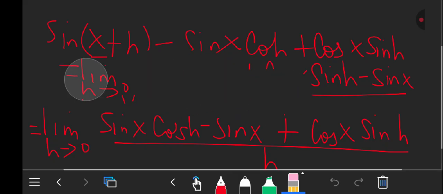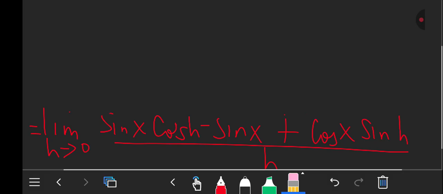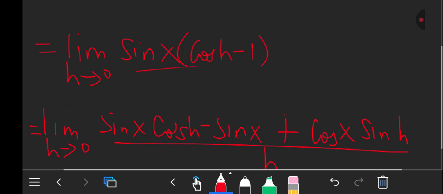Now I can factorize sine x on this one. So I'll say limit as h approaches 0, sine x, then remain with cos h minus 1, over h.